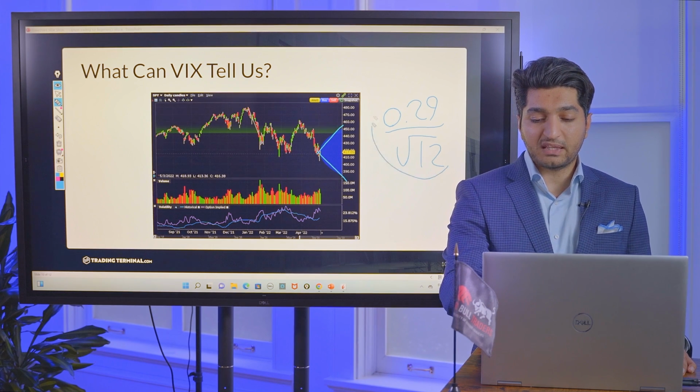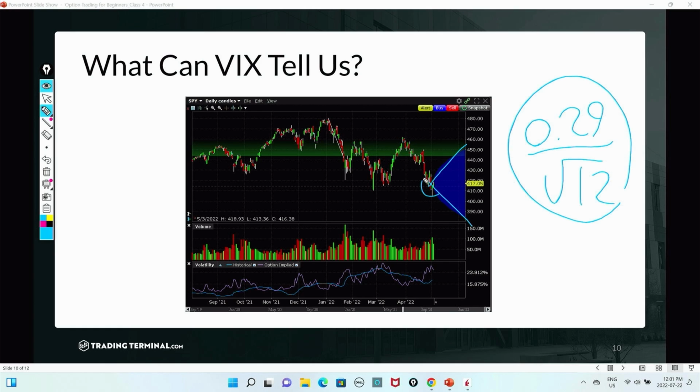If you multiply this by the current price of SPY, which in this case is 417, you get plus or minus a range where the SPY is going to be. So in this case, SPY will be somewhere around 458 or 382.